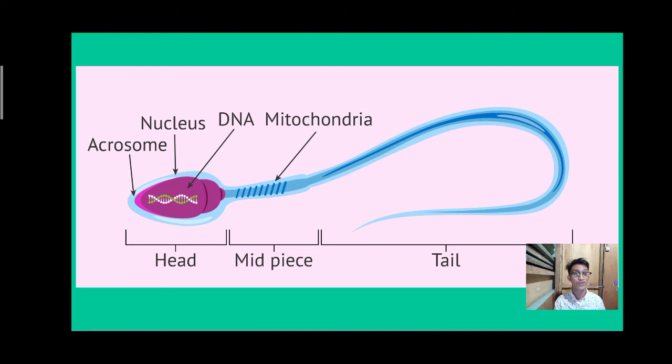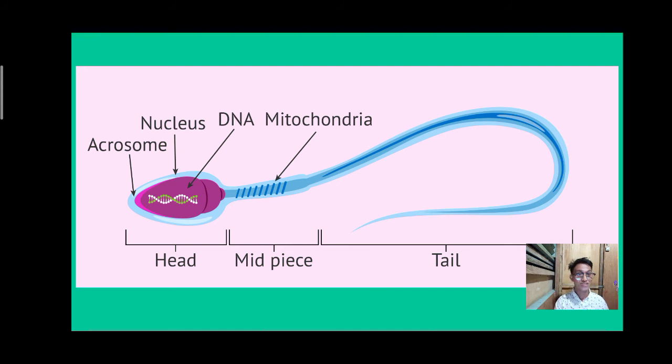Also located in the head are the 23 chromosomes that need to be delivered to the egg cell, of course. So as you can see in the head, there is DNA inside, which contains our genetic material that needs to be delivered to the egg cell.